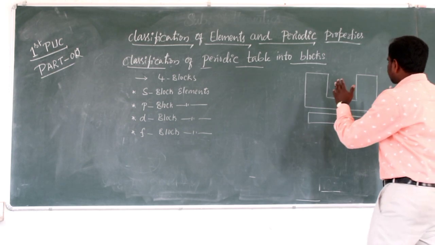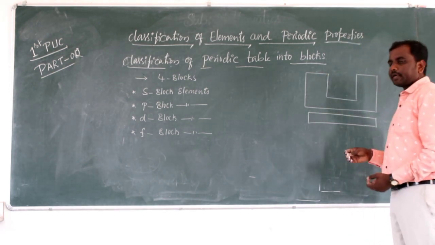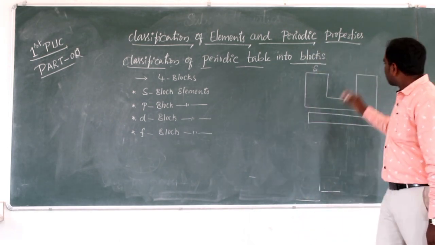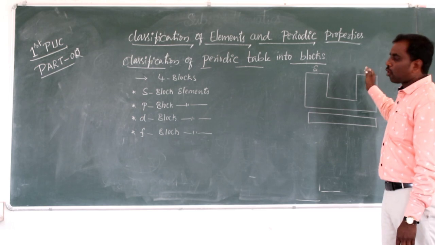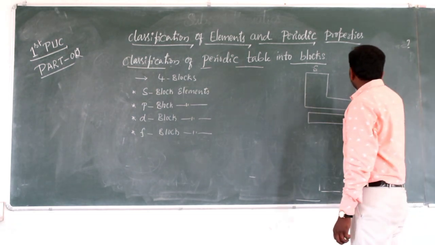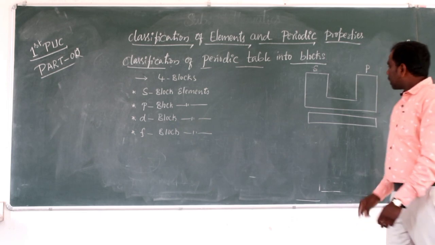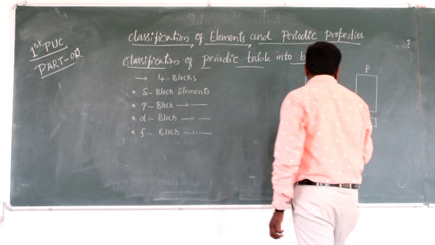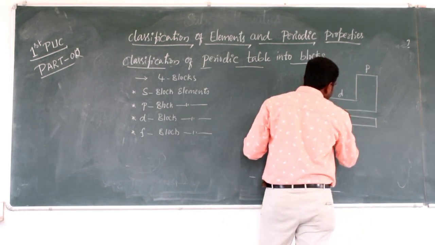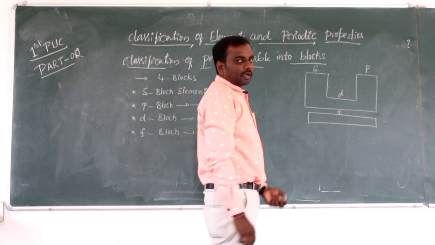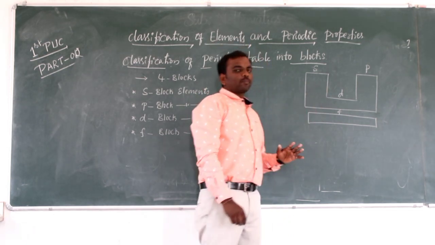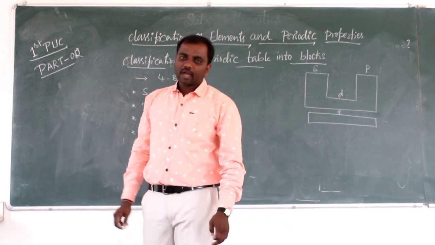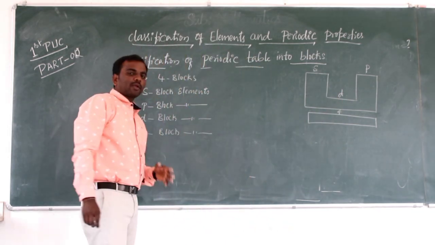On the left side of the periodic table, this is the S block elements. On the right side of the elements, that is P block elements. In the middle, that is D block, and the bottom elements, that is F block elements. See how many blocks? 4 blocks. Which are those? SPDF. See, we discuss one by one.